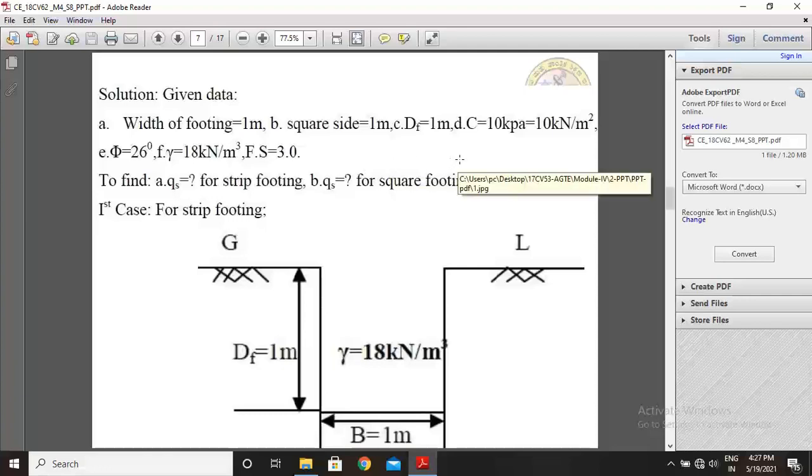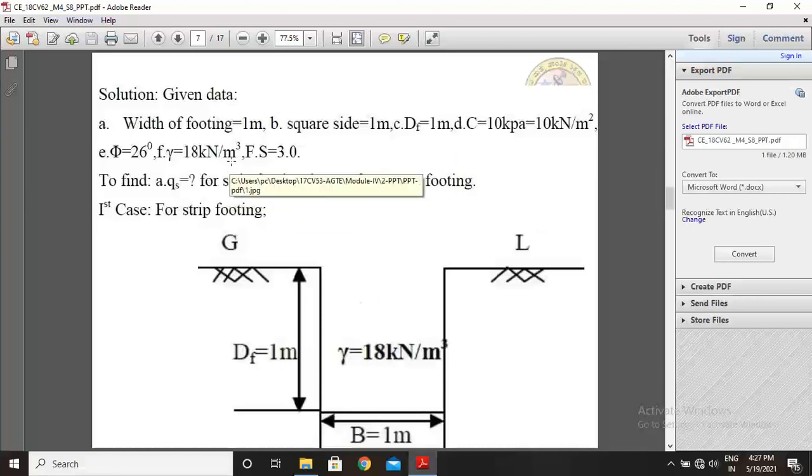Depth of foundation is given as 1 meter. C is given as 10 kPa, which is 10 kilonewton per meter square. Phi is given as 26 degrees and gamma is given as 18 kilonewton per cubic meter. Factor of safety is given as 3.